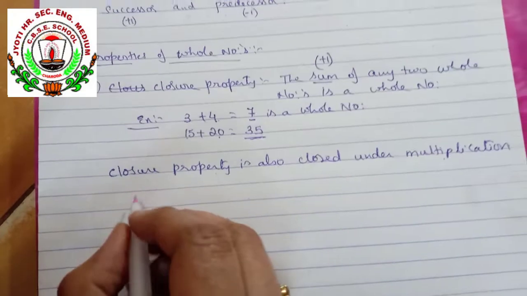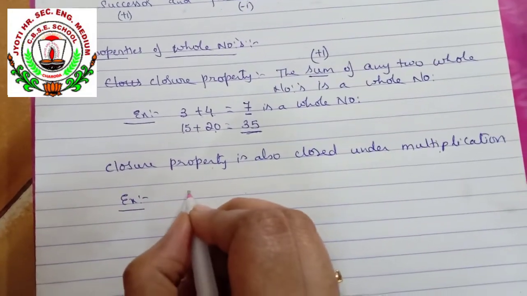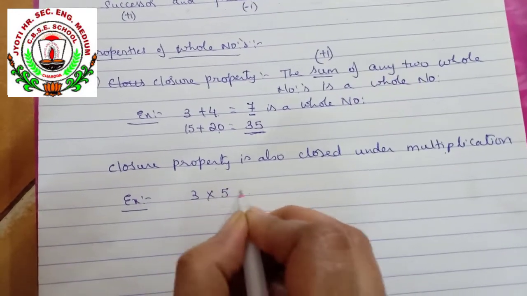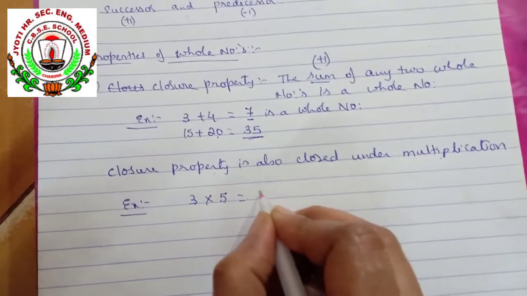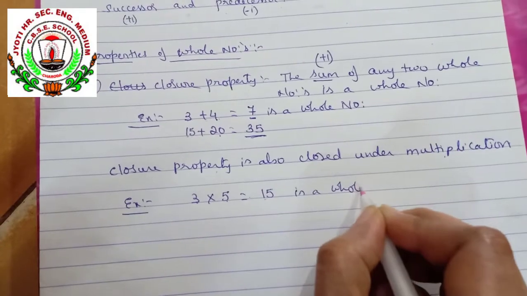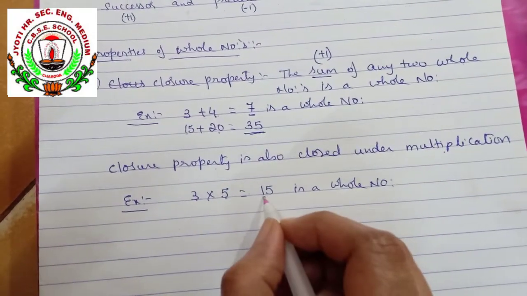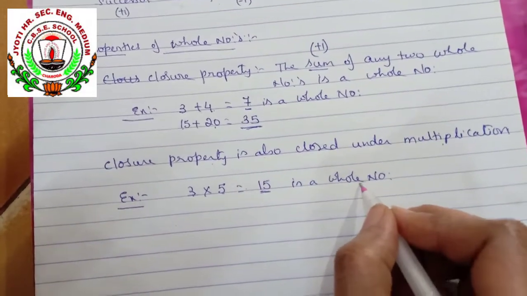The meaning of this statement, I am going to explain with an example. I am taking two whole numbers as 3 and 5. 3 is a whole number, 5 is a whole number. 3 fives are 15. It is a whole number. That is, when we multiply two whole numbers, the product which we are getting is also a whole number.